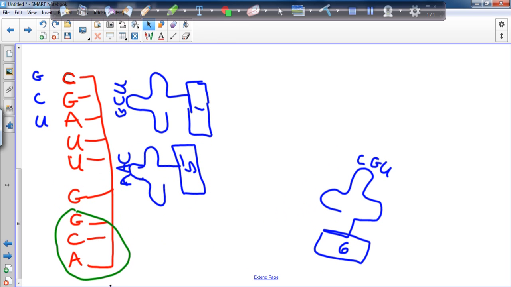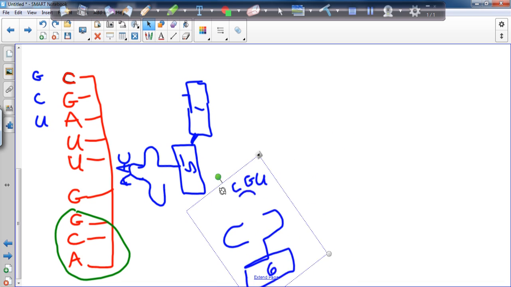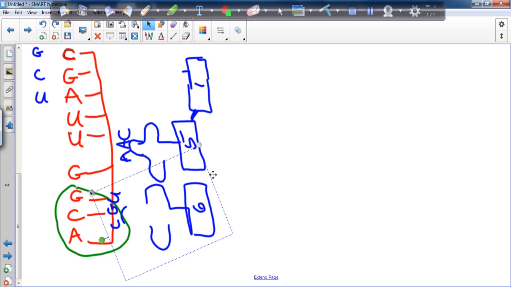This ribosome goes down. These two amino acids bond together. The transfer RNA detaches, and then the next transfer RNA molecule comes over, links in.